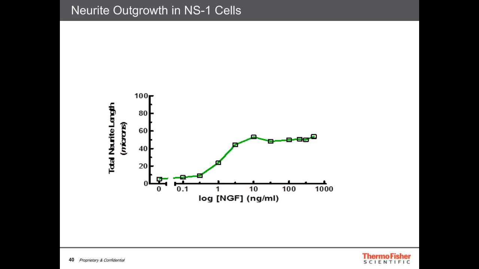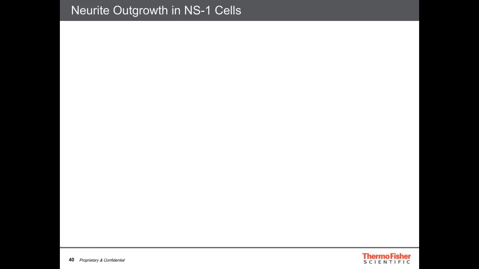What I'm going to go into now are the different optimization work that we did to maximize the sensitivity of the assay. So this is just some preliminary work. What you see here is a dose response curve of the nerve growth factor inducing agent. It's in nanograms per milliliter. And you can see this is looking at neurite outgrowth total length.